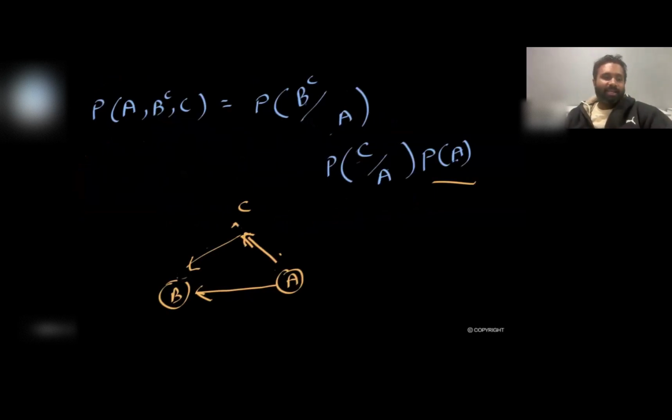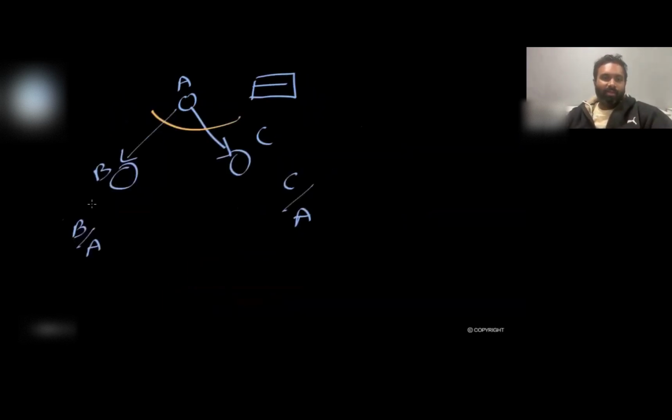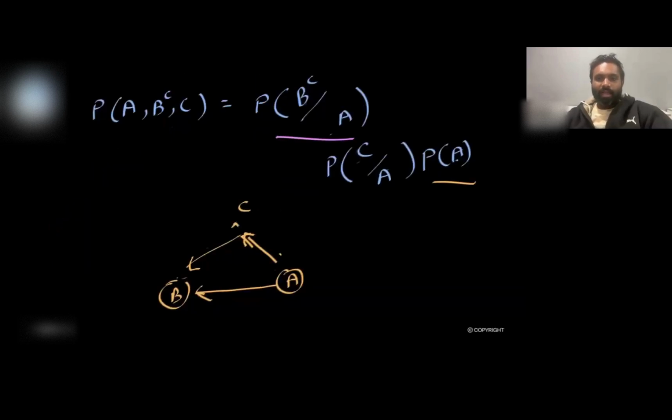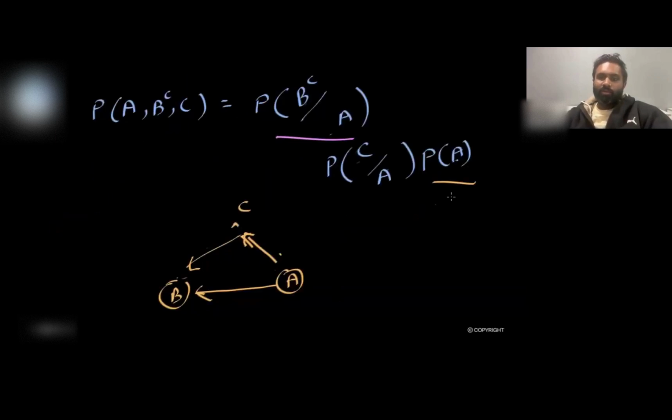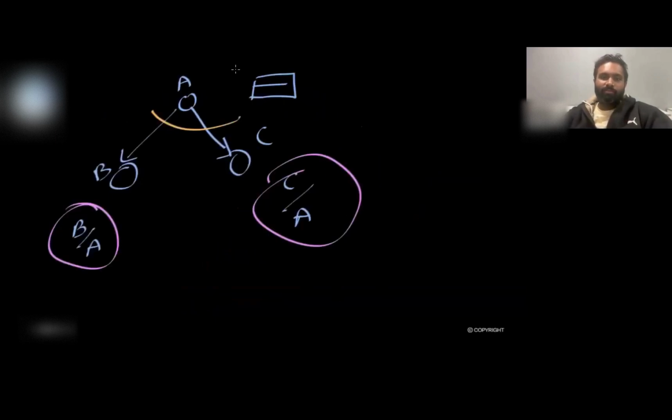Now, all the entries are there in the tables. B complement given A, you will get from this table. Then C given A, is that present in the table? Yes, definitely. Probability of A, yes, I have a table for this as well. So all the combinations of the joint probability I can get from this Bayes net if the joint distribution has the property that given A, B and C are independent.